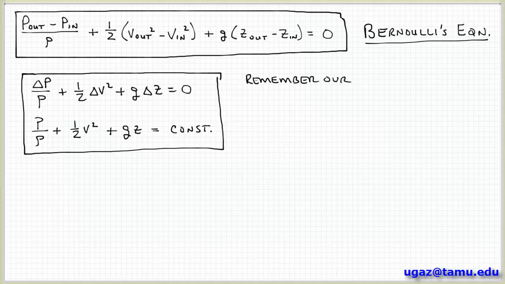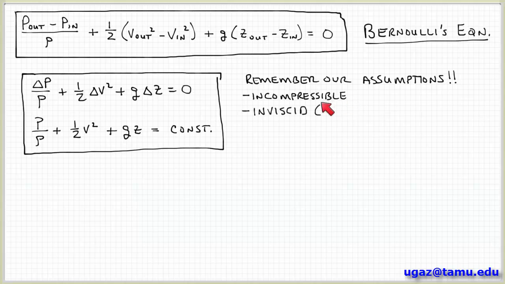So at this point, I want to step back and remember the assumptions that we made when we developed these equations, because we made some very important assumptions, and these restrict the range over which these equations are valid. First of all, we assumed the fluid was incompressible. We also made some assumptions that amounted to neglecting viscous losses, or energy losses due to viscous dissipation.